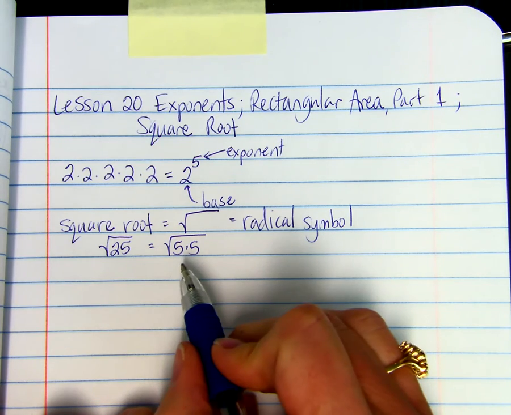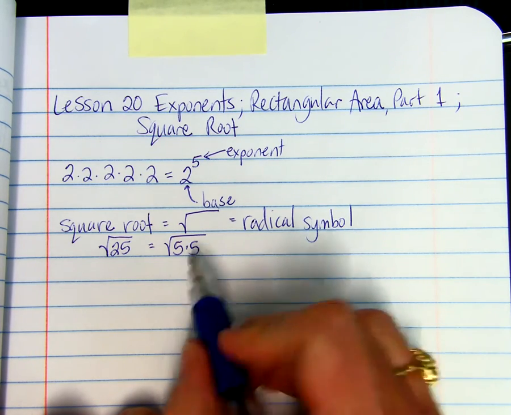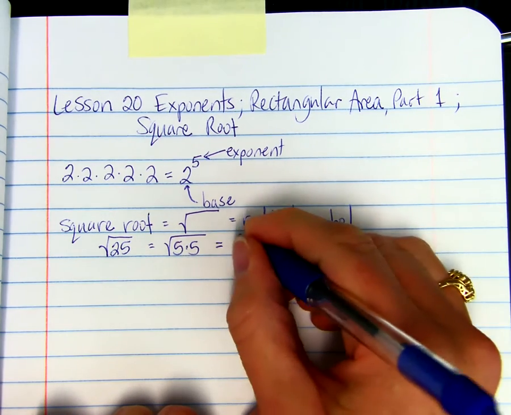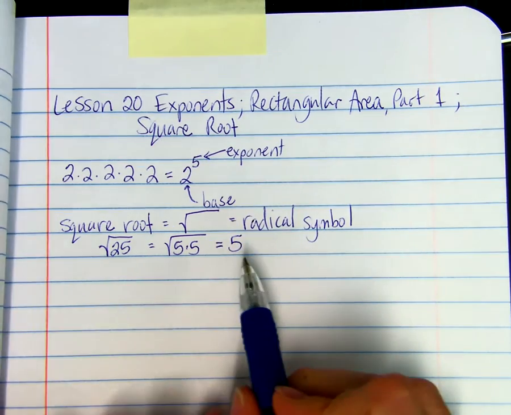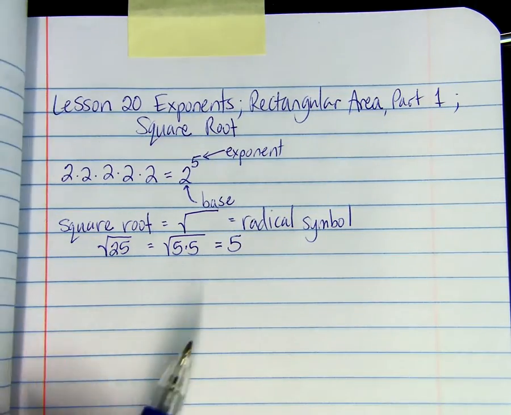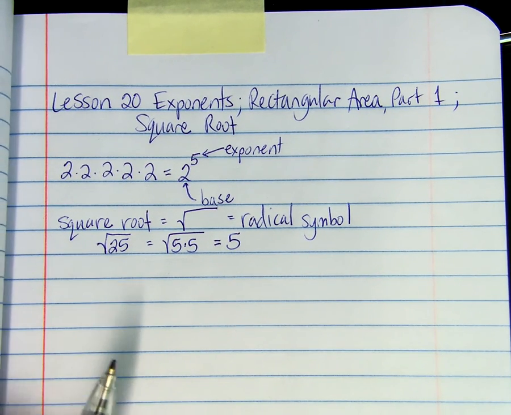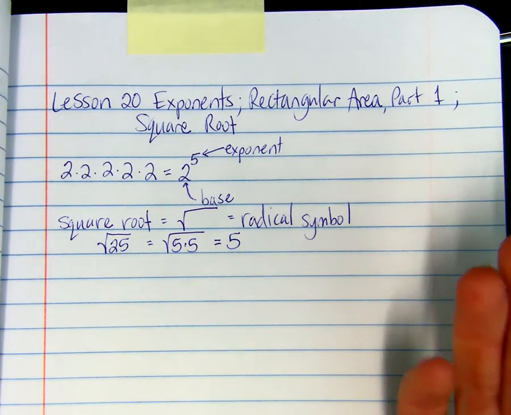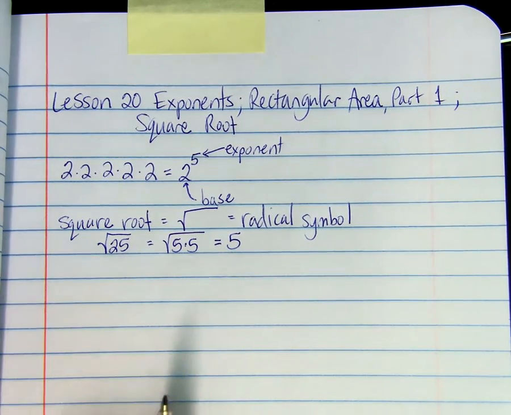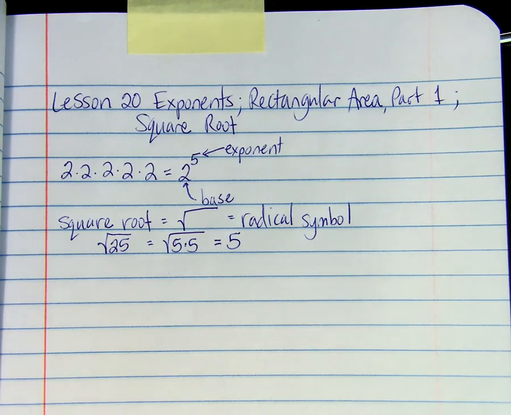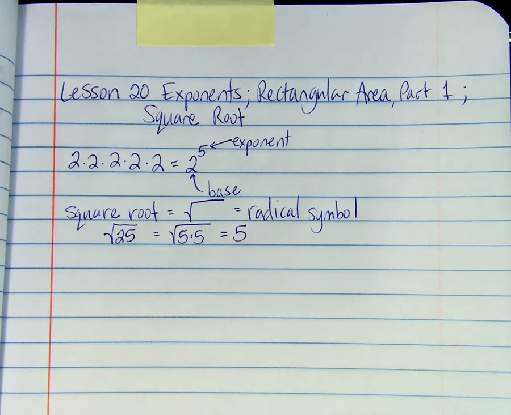Now this is a pair of 5s, and we're doing square root, so one of them gets to come out. So the square root of 25 is equal to 5. So it's the backwards of squaring 5. 5 squared is 25. Square root then is the inverse of squaring.